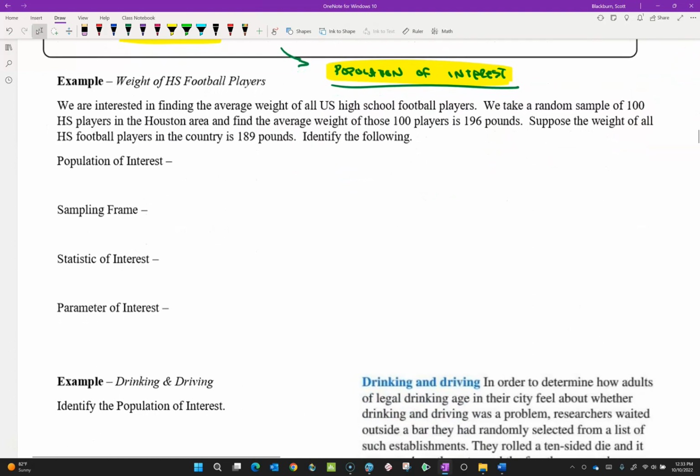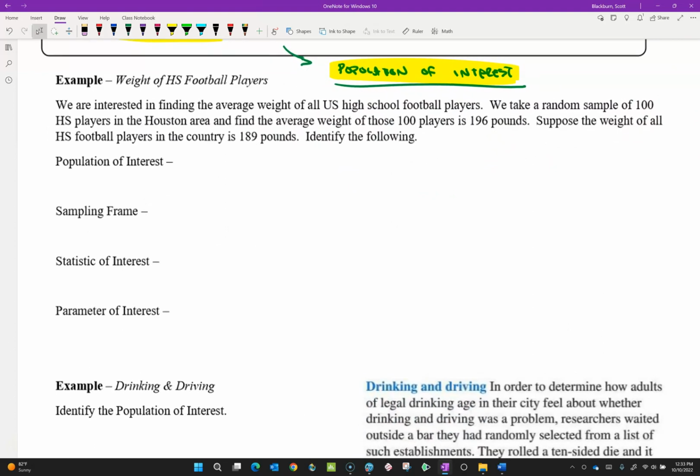All right, example. Weight of high school football players. We are interested in finding the average weight of all U.S. high school football players. We take a random sample of 100 players in the Houston area. So you can already see we're interested in the average weight of all United States high school football players.